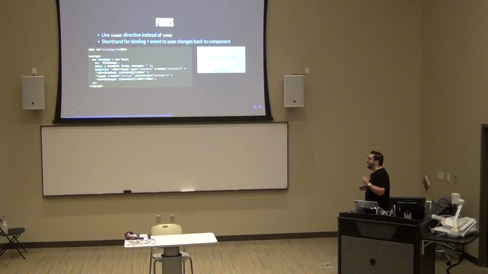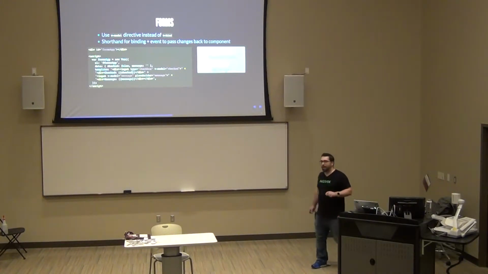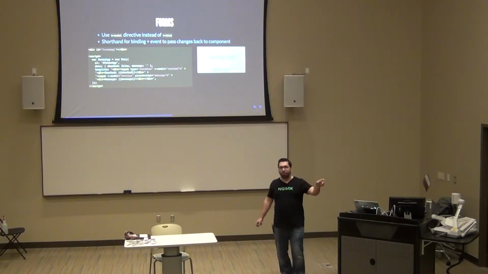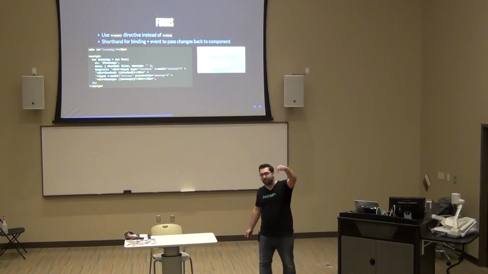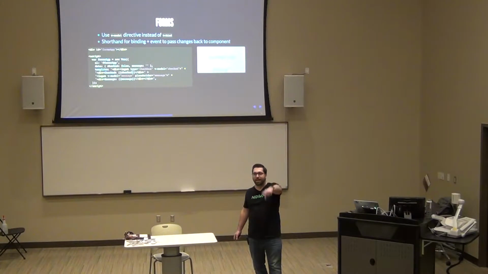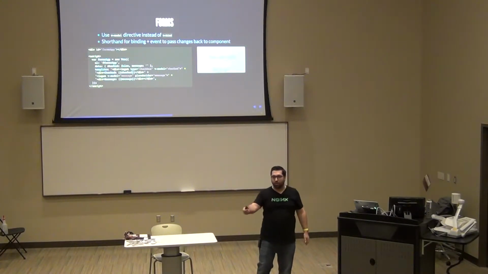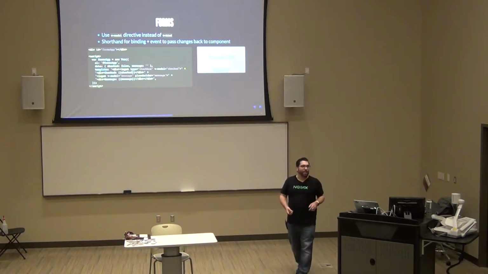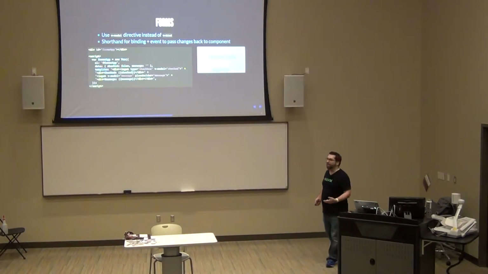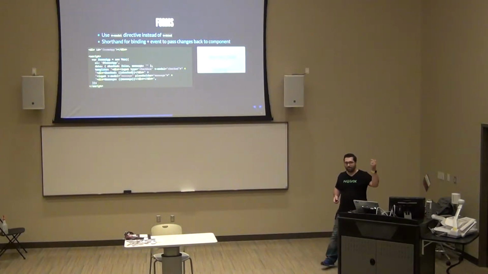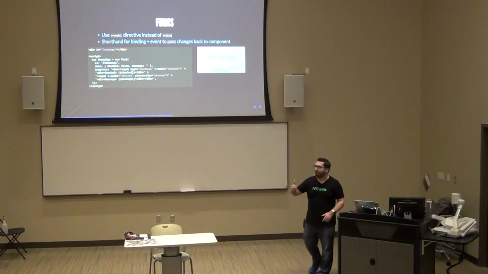And what vModel actually is, it's a shorthand for doing a normal vbind to push your value down into, say, an input, and then an event that's also bound on it to push it back up. So it's a shorthand that basically simulates two-way binding through a one-way binding down and an event up.